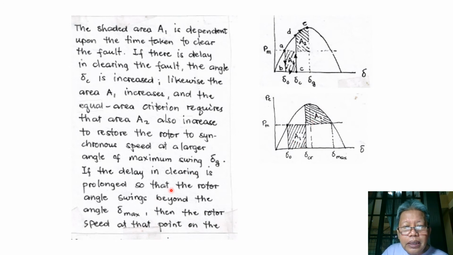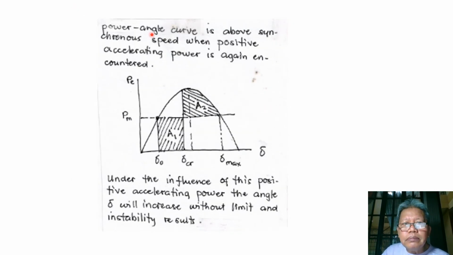So if the delay in clearing is prolonged so that the rotor angle swings beyond the maximum delta, then the rotor speed at that point on the curve, now when this is delta max, the power angle curve is above synchronous speed, when positive accelerating power is again encountered. Under the influence of this positive accelerating power, the angle delta will increase without limit and instability occurs.